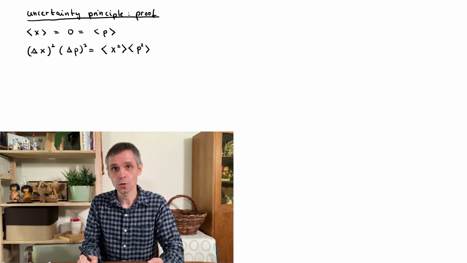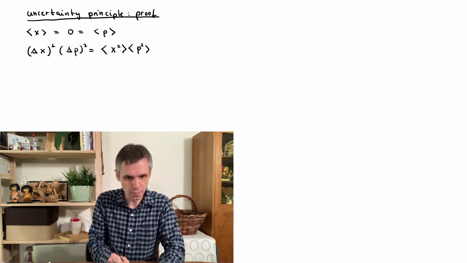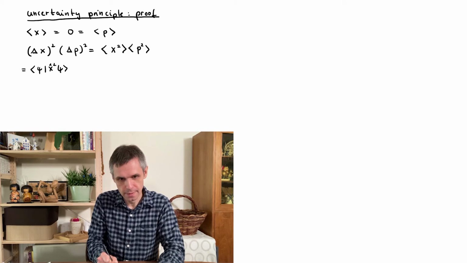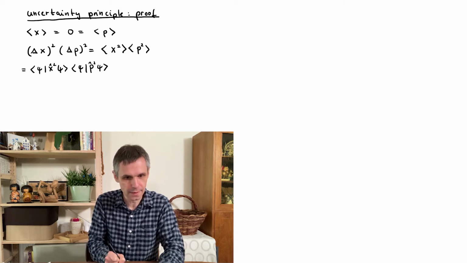And in order to do so, we first write down the definitions of these expectation values, both for x squared and for p squared. So in terms of these operators and these scalar products.